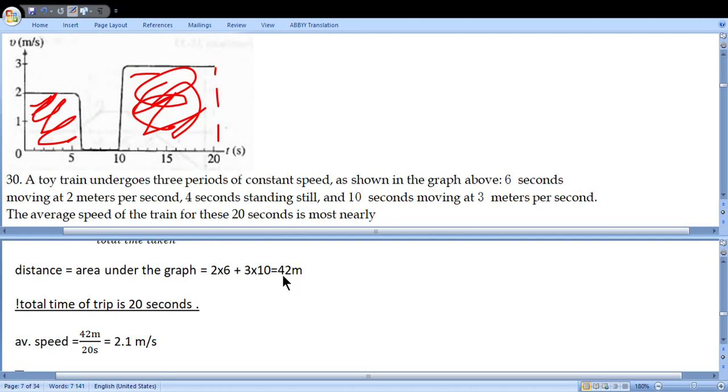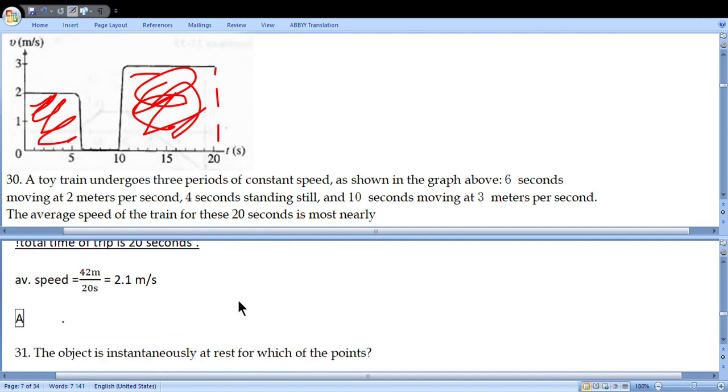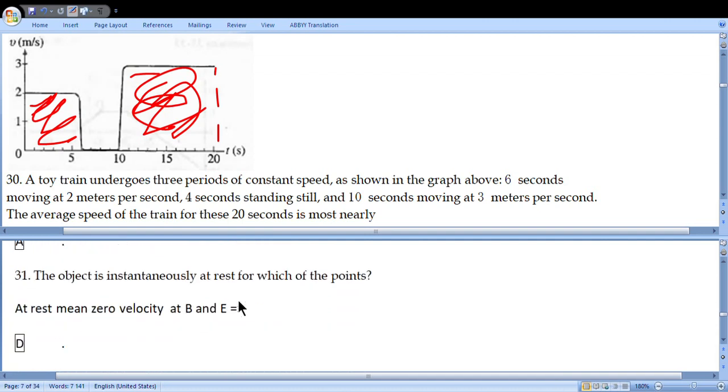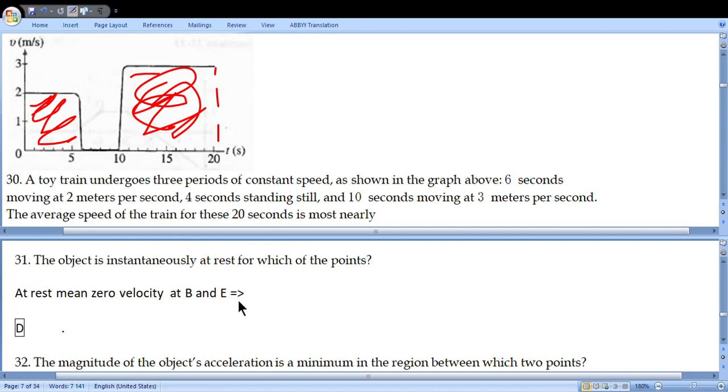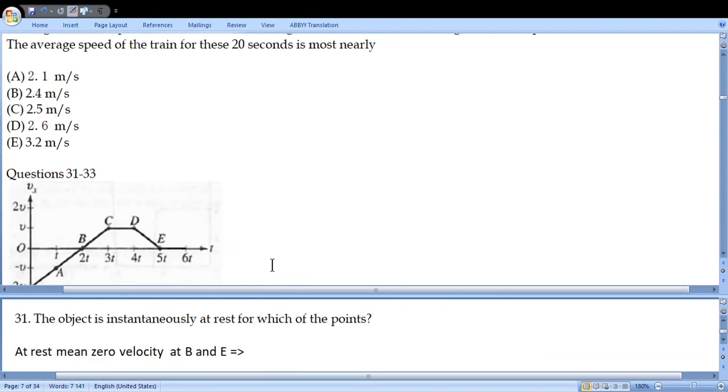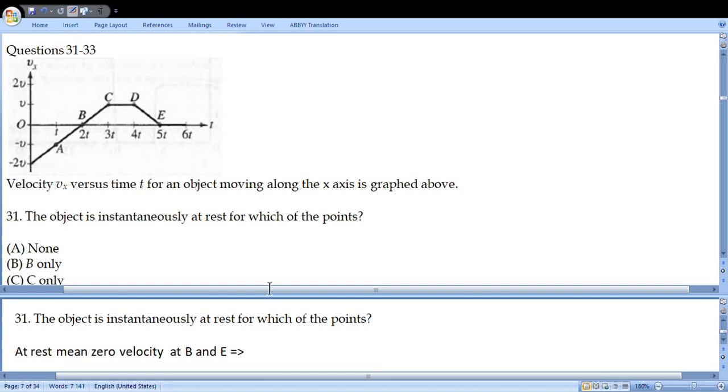So we get 42 meters traveled. Total time is from 0 to 20 seconds. Regardless of the fact that it was not moving, we take total time. So this is the trick here. So we get 2.1, we got the answer. Next question, 31.